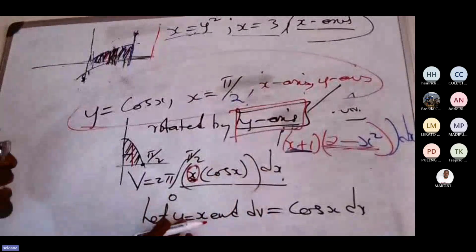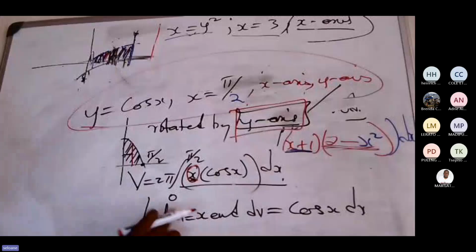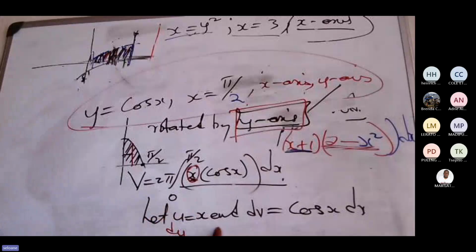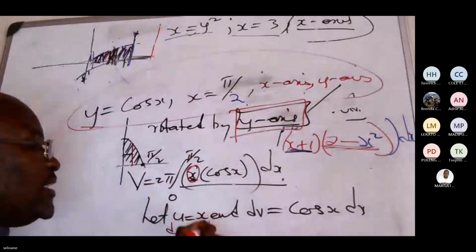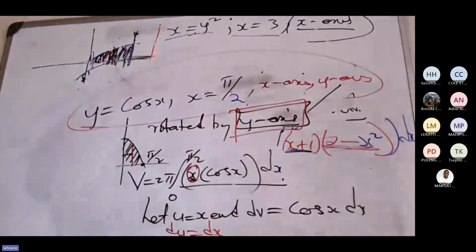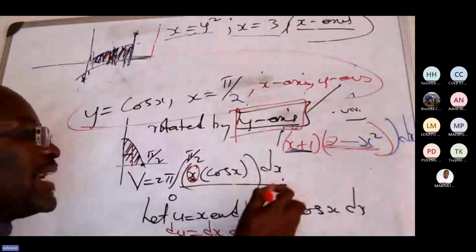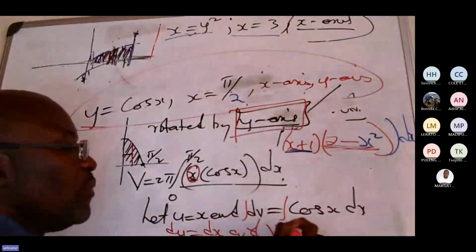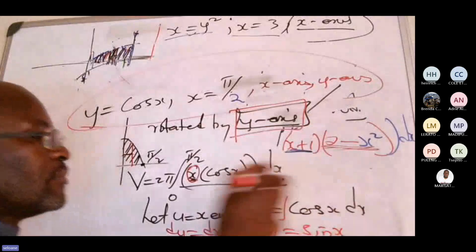And from here, you must differentiate. Therefore, du over dx is equal to 1. Therefore, du is dx. And from here, you must integrate immediately, which will give you v equal to sine x.